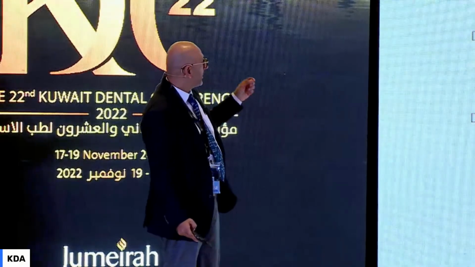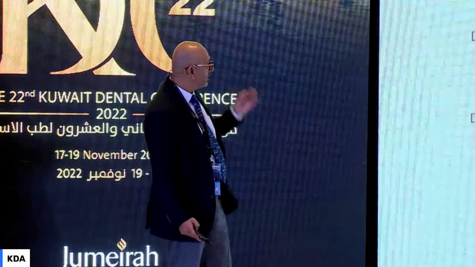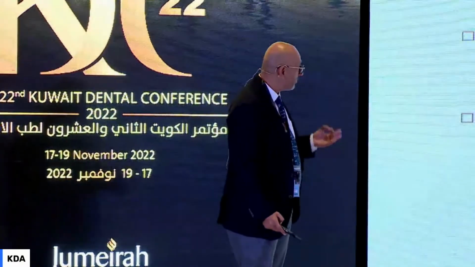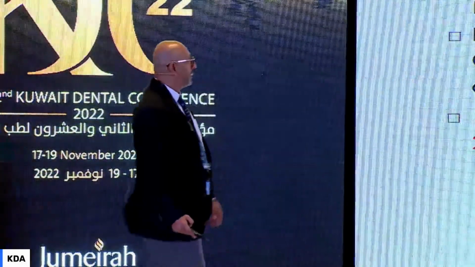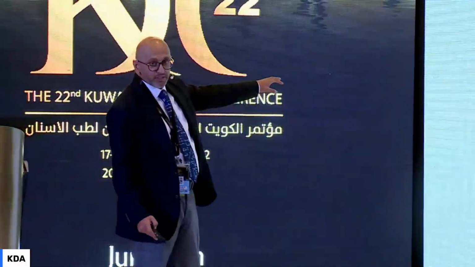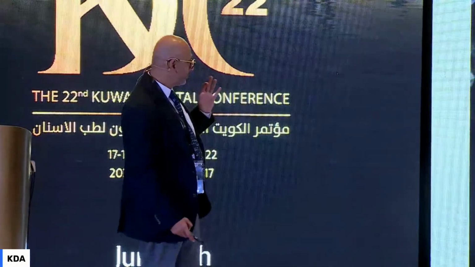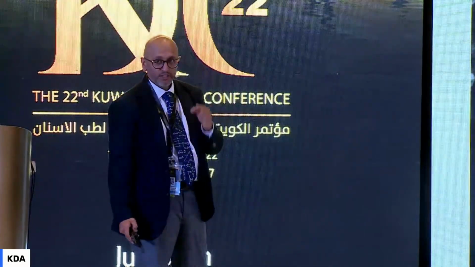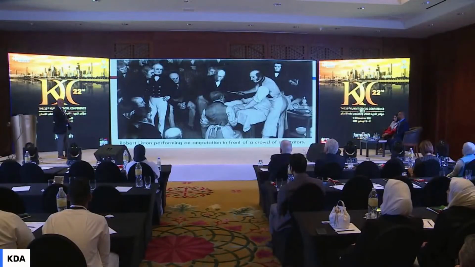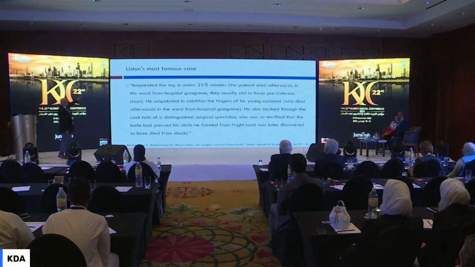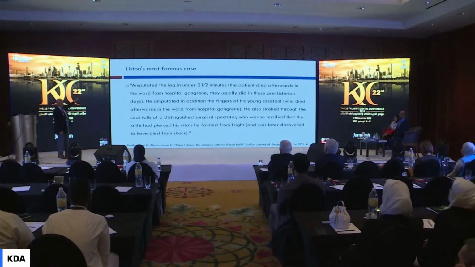There is a quote about him that he had the fastest knife in the Western world. He could amputate the leg in 2.5 minutes. There are many books and articles about it. Now, what did this guy do? We have to pay attention. The best surgeon in the world, what did he do at that time? In his last few years during work, he had done his most famous case.